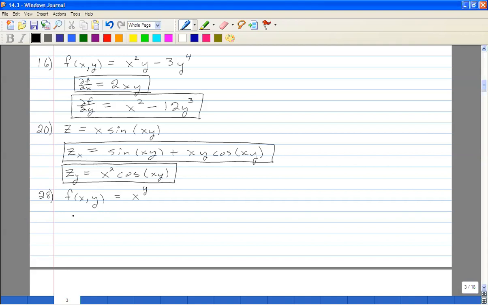So let me write this as, again, you could remember the derivative, but it's probably best to write this as e to the y ln x, just to remember things.